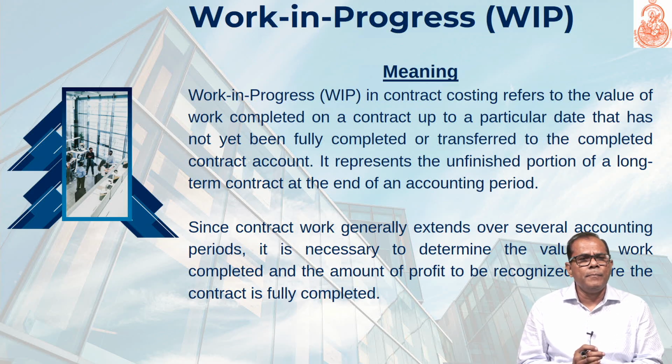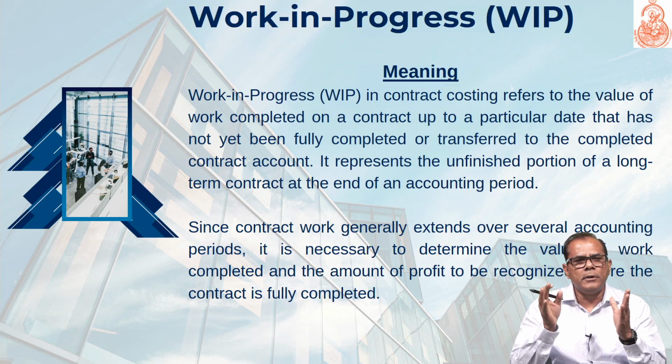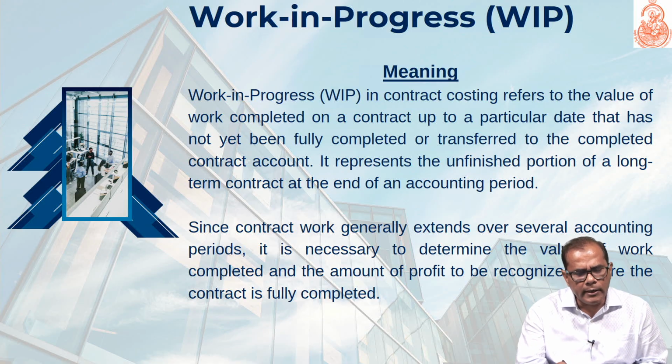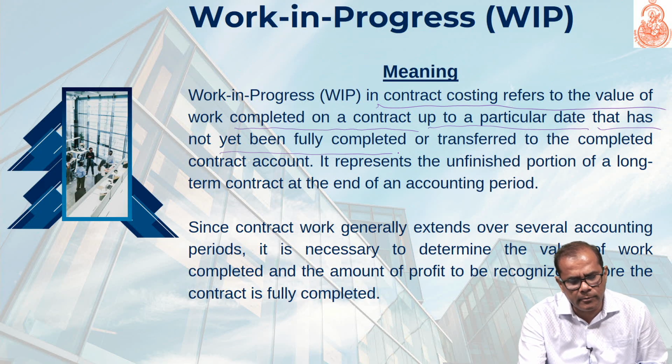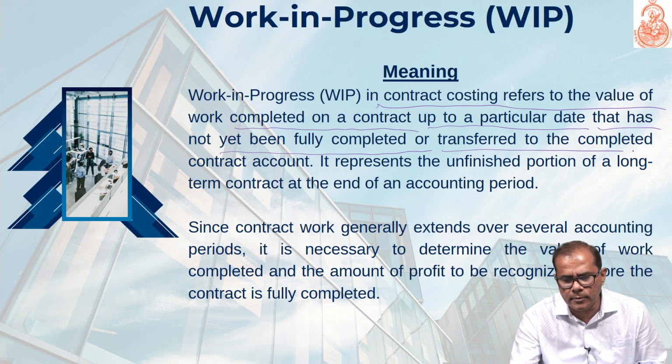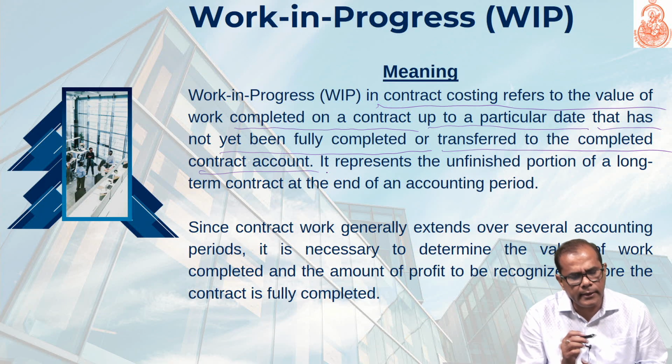This is one of the fundamental technical aspects of the contract costing method. Work in progress in contract costing refers to the value of work completed on a contract up to a particular date that has not yet been fully completed or transferred to the completed contract account.